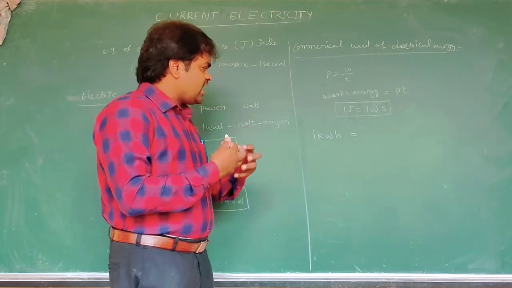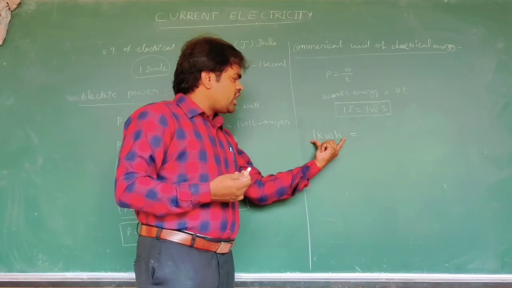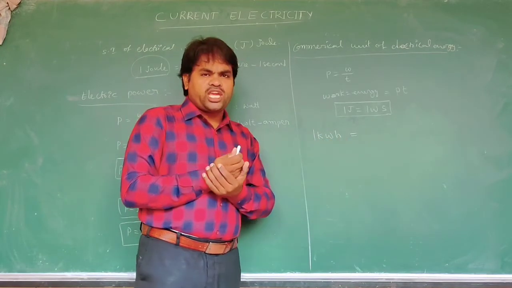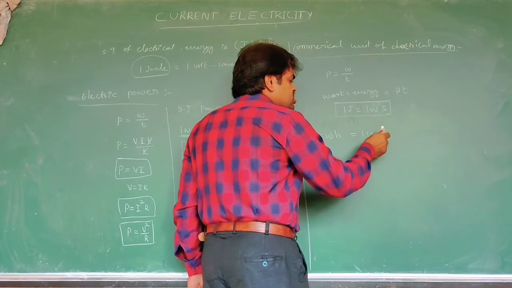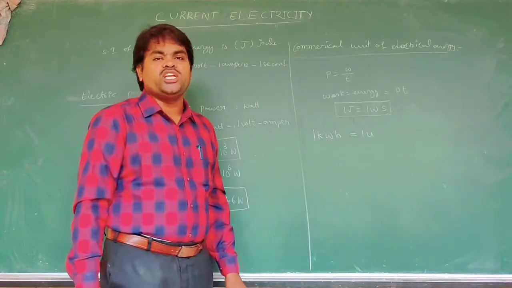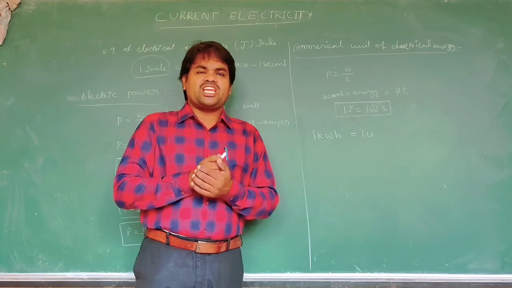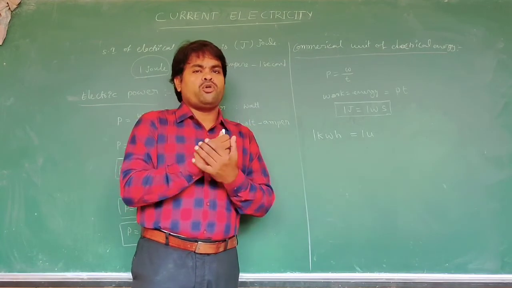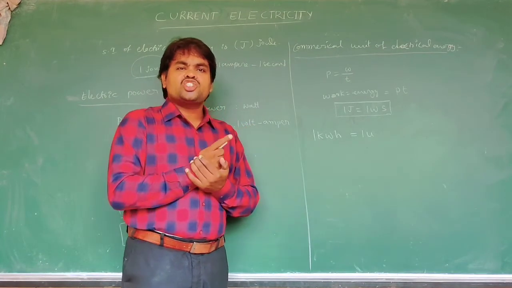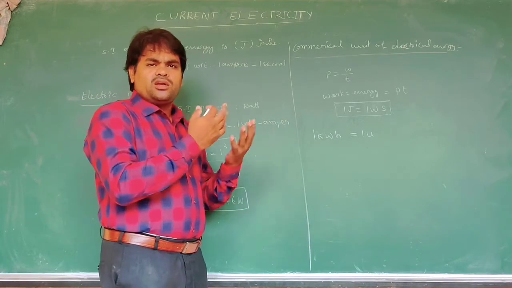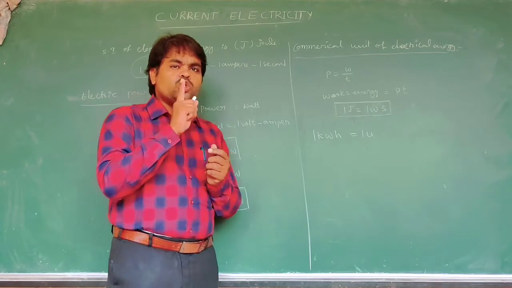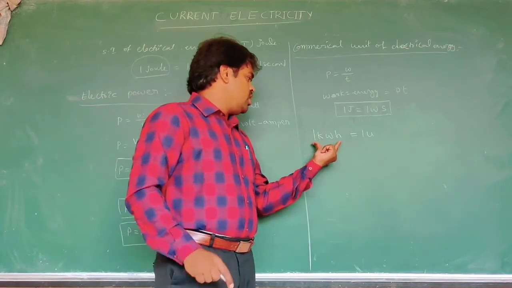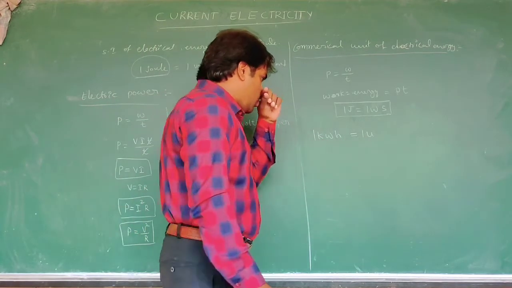In electricity, we also call it 1 unit of energy consumed. Generally in electrical bills, we say 50 units, 30 units of electrical energy consumed. What does unit mean? Unit means 1 kilowatt hour. 1 kilowatt hour is equal to 1 unit.